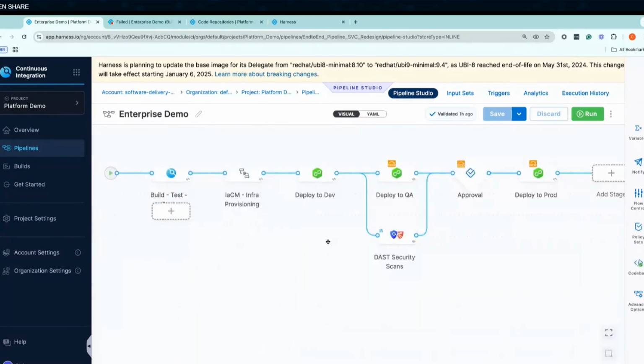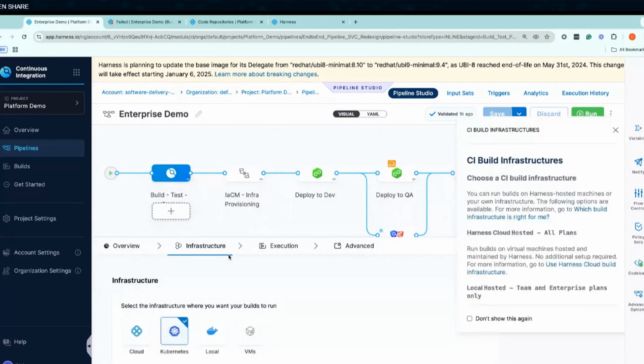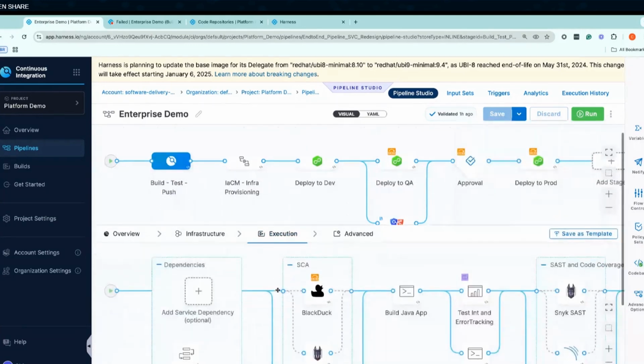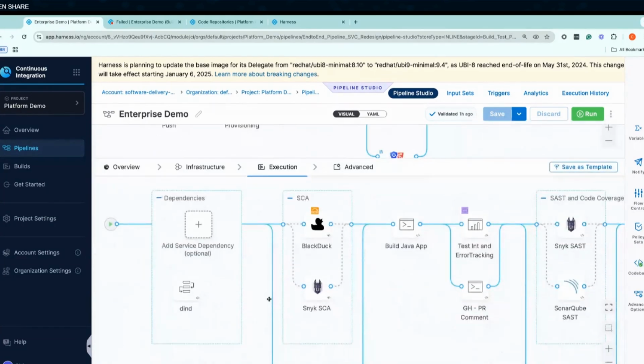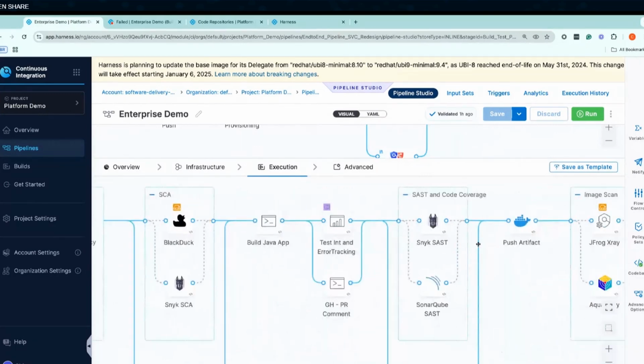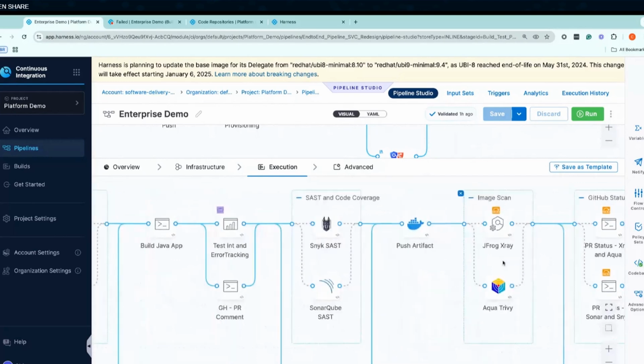In the build stage, you can see we have integrated a lot of security scanners. So Black Duck and Snyk, an example here for SCA, Snyk and SonarQube for SAST, and then JFrog and Aqua for image scanning. So these are some of the steps that I mentioned in my presentation before, so you can definitely integrate these scanners. Let's look at the security view of this.